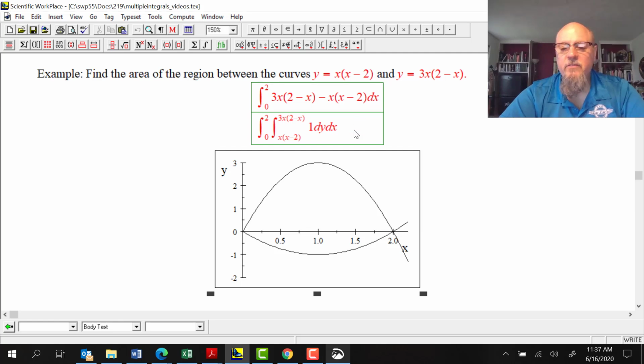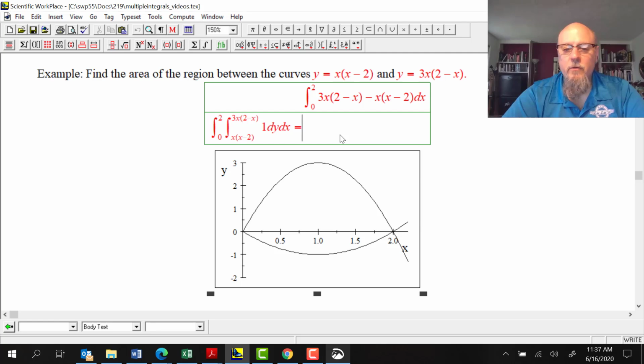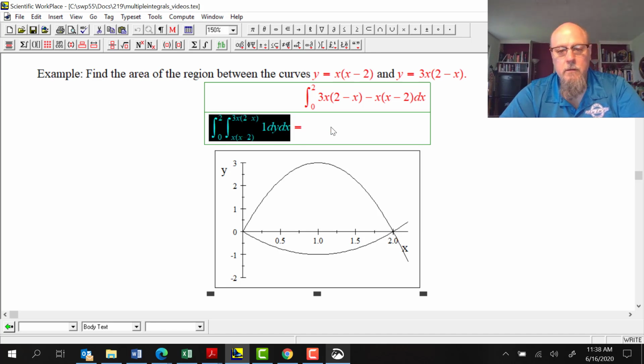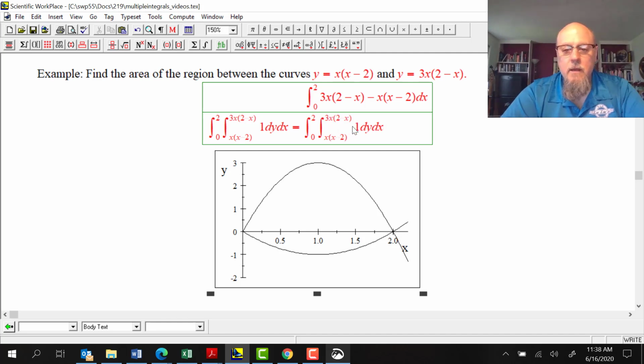So here, this is now written as a multivariable integral. But of course, when I do my first integration, I'm integrating 1 with respect to y. I get y. So let's just do this then. When I integrate the 1, I get y. And then I'm going to sub in the top minus sub in the bottom.